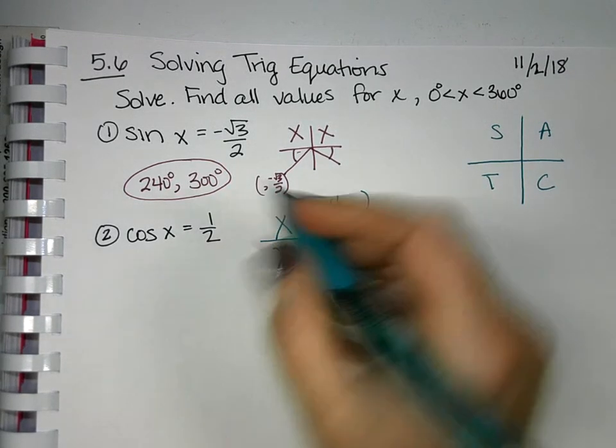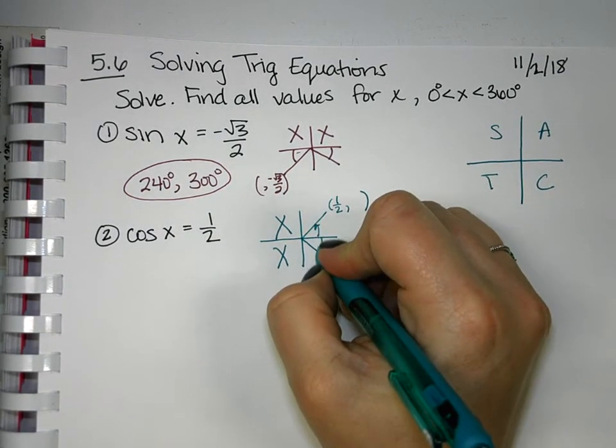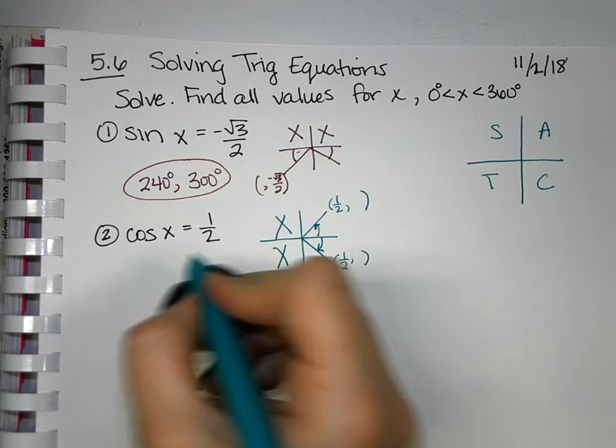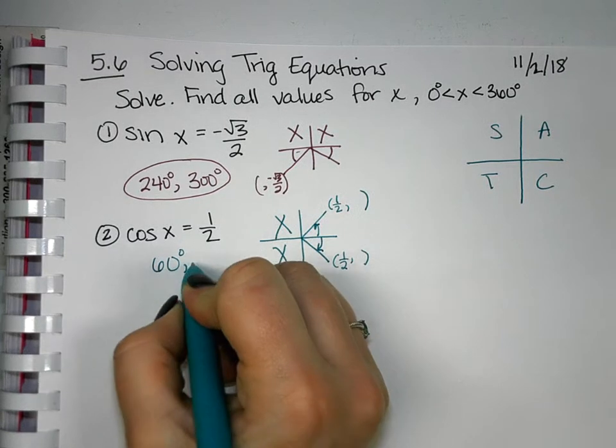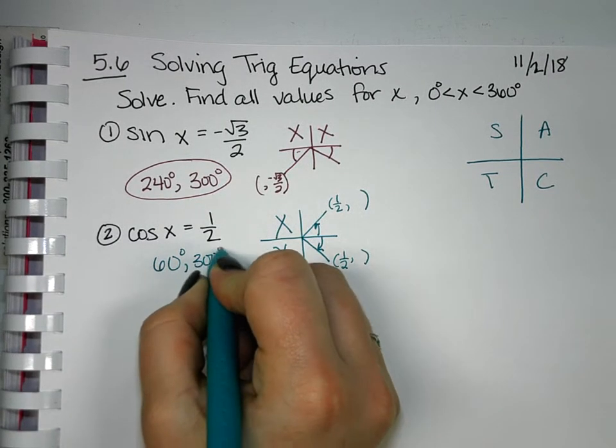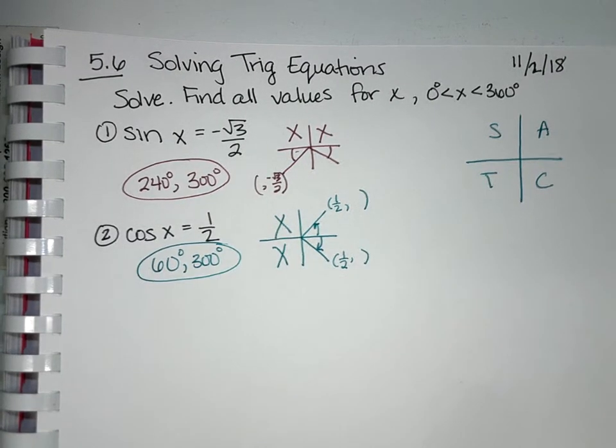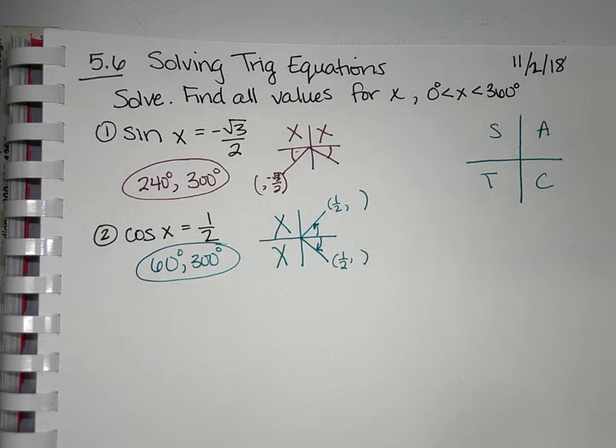Those 2 angles are 60 degrees and 300 degrees, and those would be your 2 answers between 0 and 360. Hopefully that recaps your memory from a couple units ago when we were first solving for different angles. We're using that same idea.